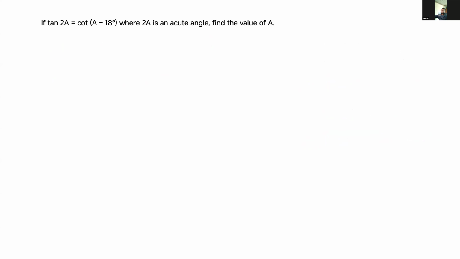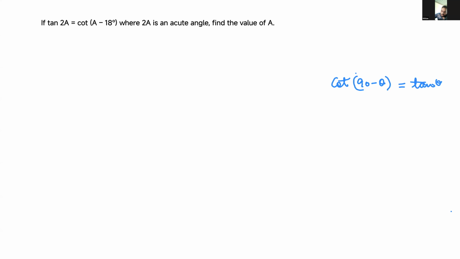If tan 2a is equal to cot(a minus 18), where 2a is an acute angle, find the value of a. Now we have to find the value of a. Now please pay attention, don't write anything. See, we know that cot(90 minus theta) can be written as tan theta.